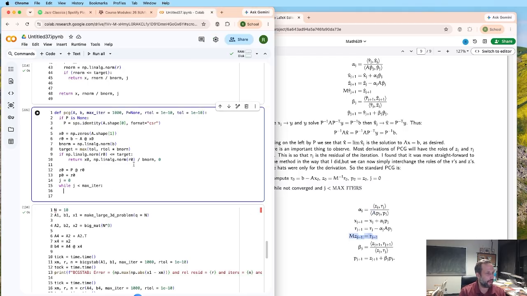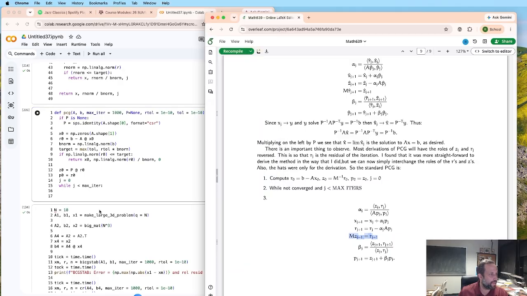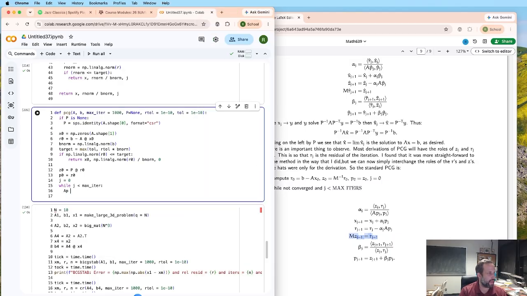So I've noticed that I'm going to be computing A p a couple of times. So I'm going to say Ap is equal to A p. And I think that's the only matrix-vector computation that I'm doing here. The other one is going to involve M. So that's going to be Ap.